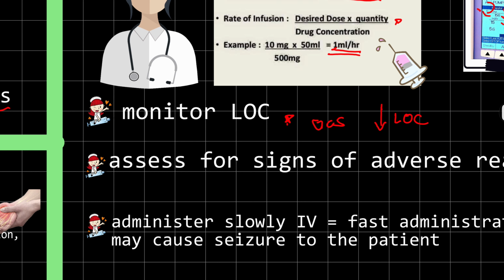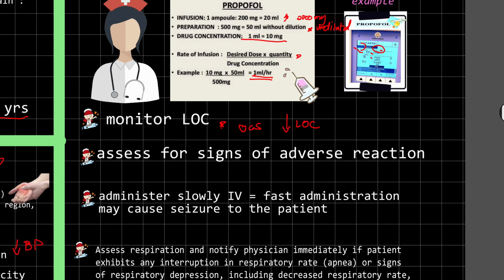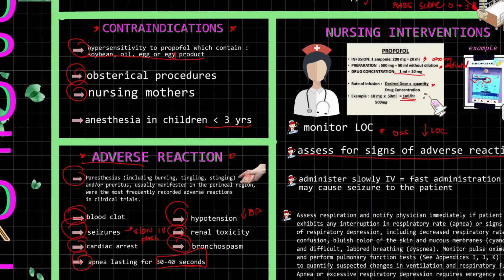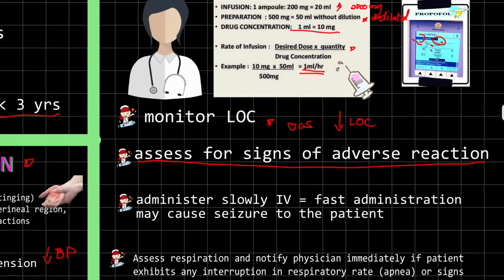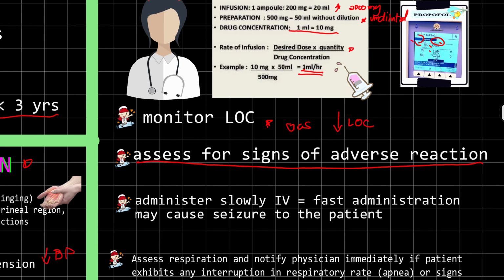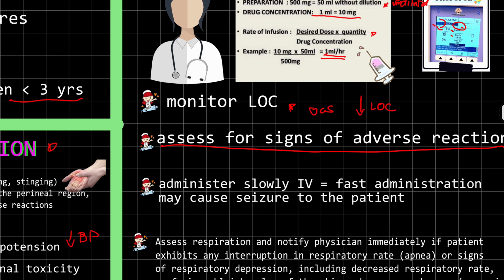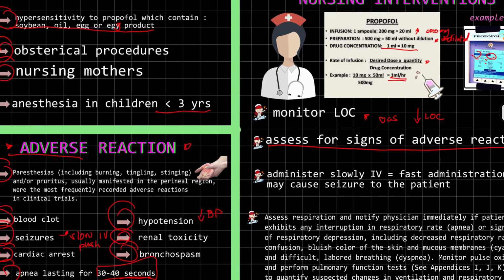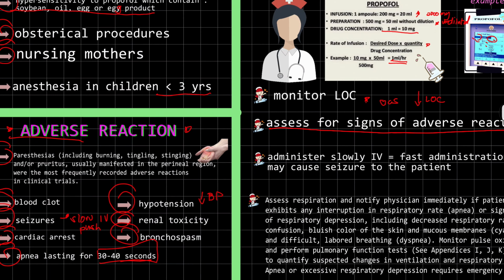Next, assess for signs of adverse reaction, which we just had earlier. Any adverse reaction should be reported and documented promptly. You have to report it promptly to your physician so that you can address it right away, because as you can see, most of the adverse reactions are really life-threatening, especially cardiac arrest, seizures, bronchospasm, hypotension, apnea, those things.